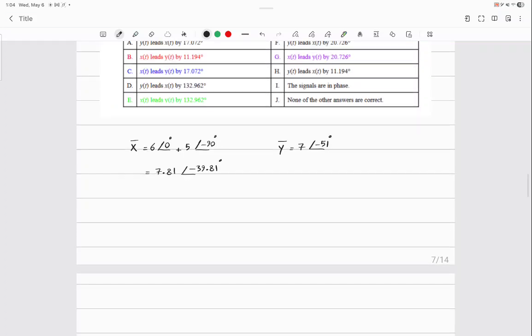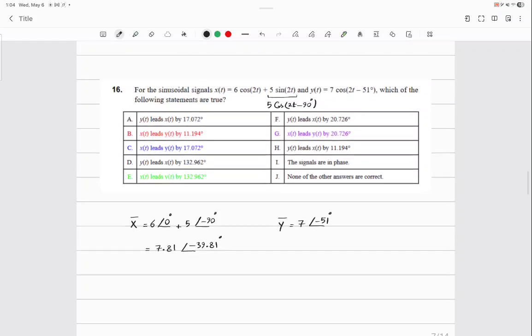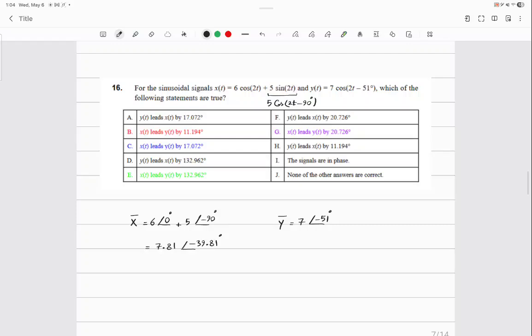Okay. What's the next step? Oh no. That's a different type of question. What's the next step? Either in your mind or on paper, you should draw something. What is that called? Phasor diagram. Okay?